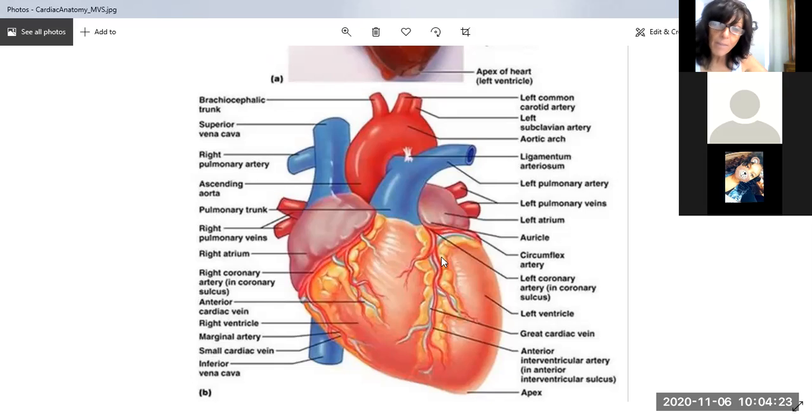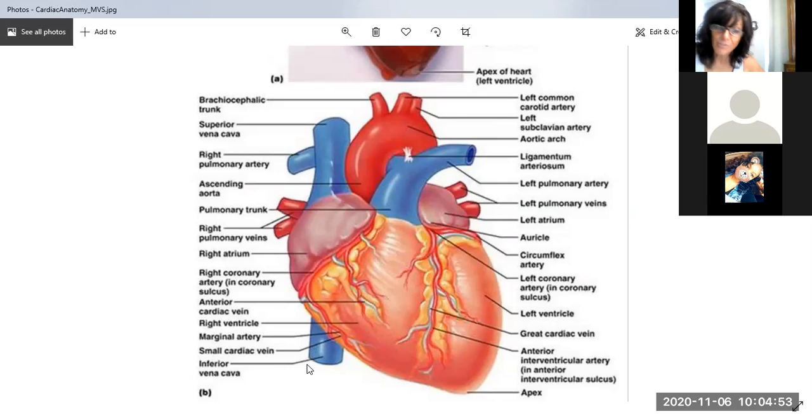If you have plaque inside these arteries because you've been eating McDonald's your whole life, which is not a good idea, then the blood can't get through as quickly, which means that the part that it feeds can't get oxygen, and then you have pain. That's angina. This is what hurts. The heart muscle hurts because it can't get oxygenated blood, okay? So that's one thing that's going on the outside of the heart.